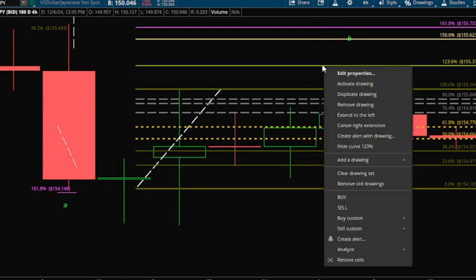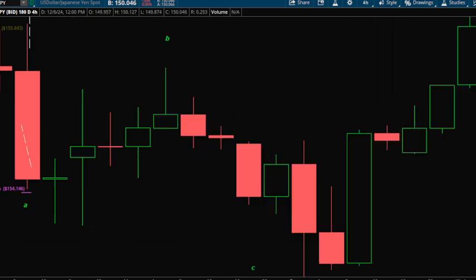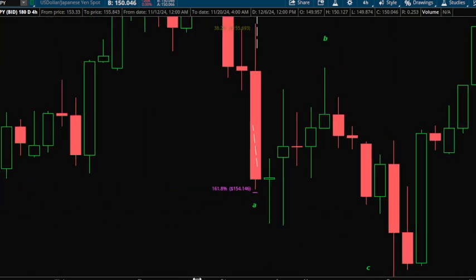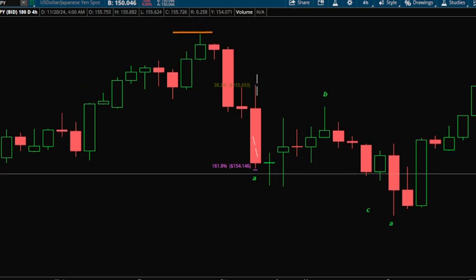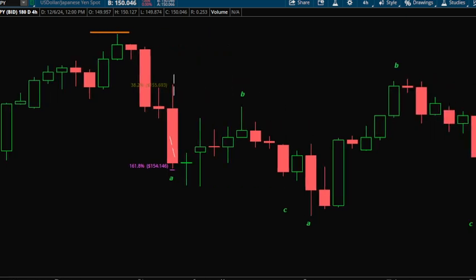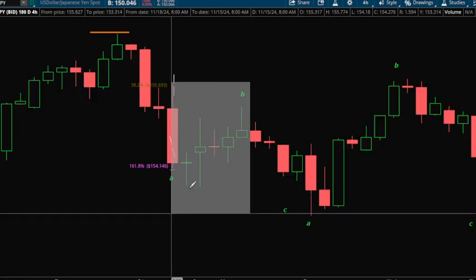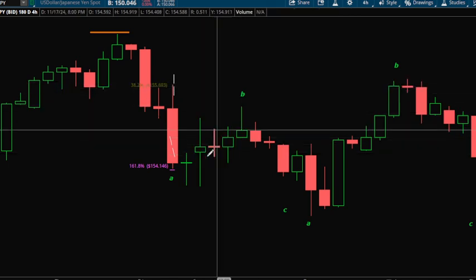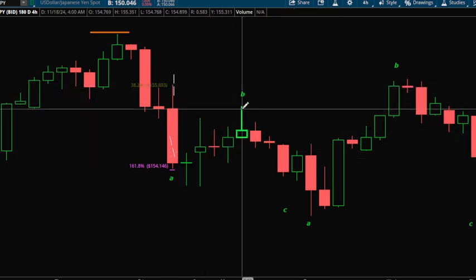Now, they don't always hit exact, but most of the time they do. So that's why I say in B waves it's hard to trade. So you're going to have to knock it down a smaller time frame, and you could have traded that B wave easily.